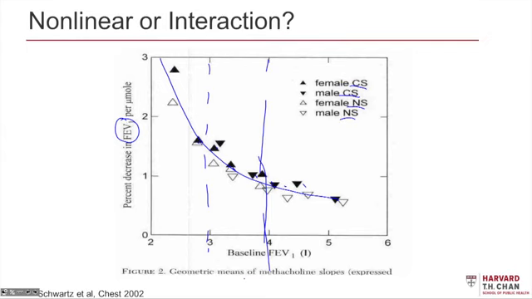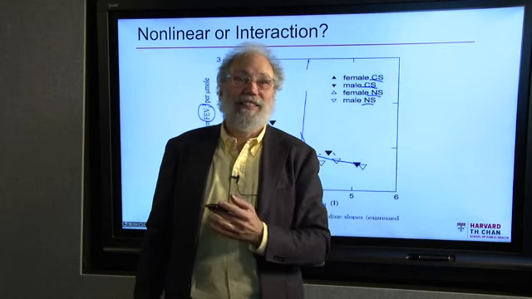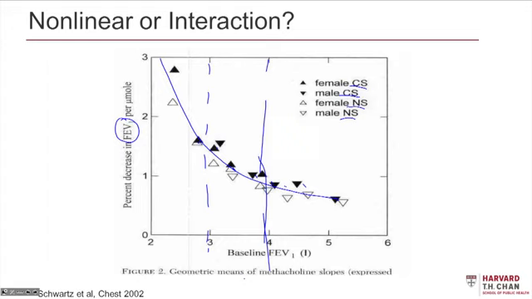So what this seems to be saying is there is an effect of smoking on methacholine responsiveness, but in terms of how methacholine responsiveness depends on baseline lung function, which is my exposure, it's all the same.